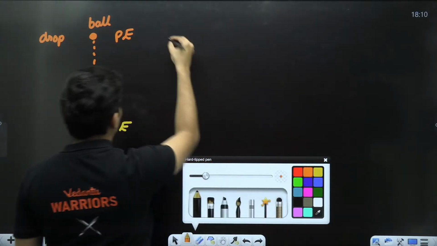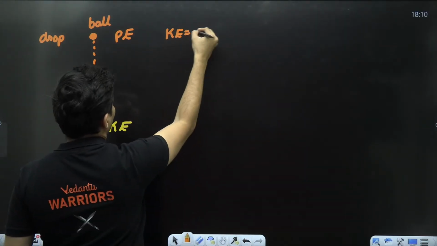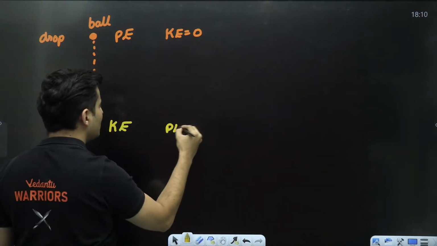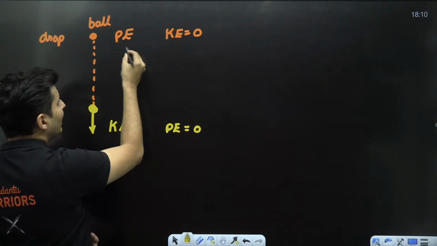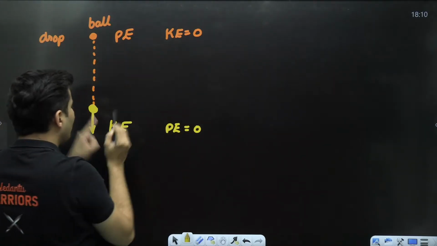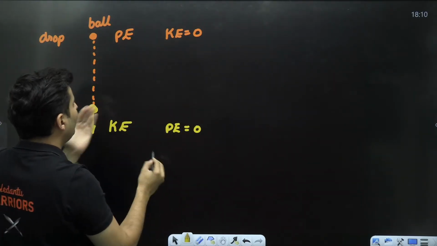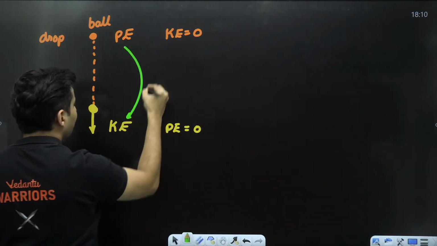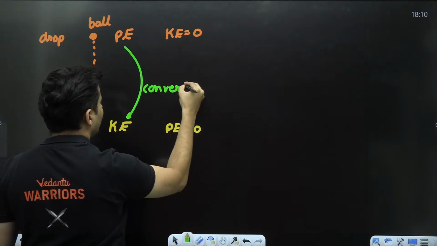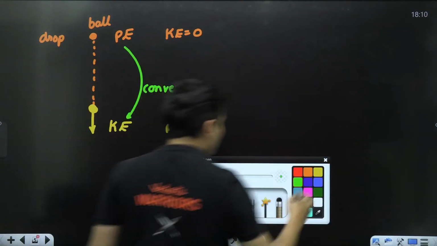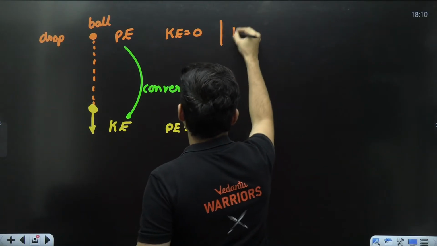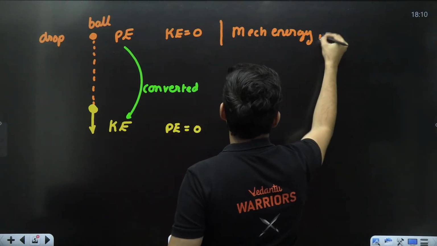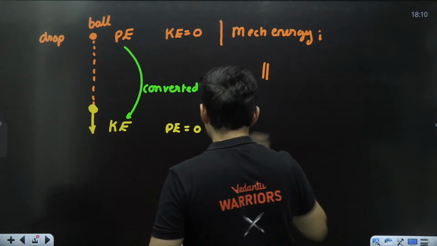Earlier the kinetic energy was zero. After reaching this point, let's say the potential energy becomes zero. So the sum of potential plus kinetic will be conserved because the potential just got converted over here.